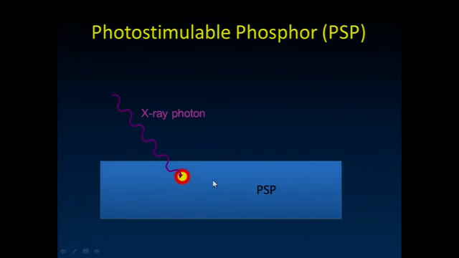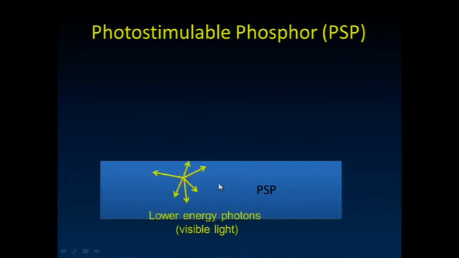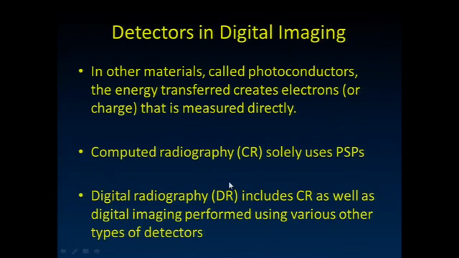X-ray energy comes in, it moves some of those electrons from that inner to that outer band, and it stays there fairly stable. And then we can use a laser light to stimulate that region on this phosphor, and lo and behold, we get this production of a lot of lower energy photons, visible light.